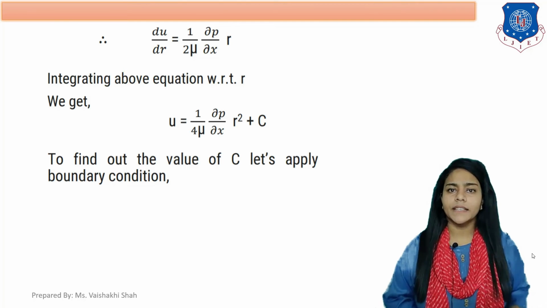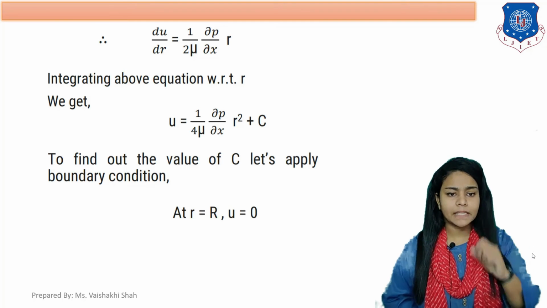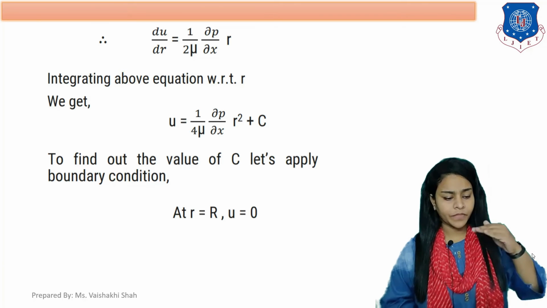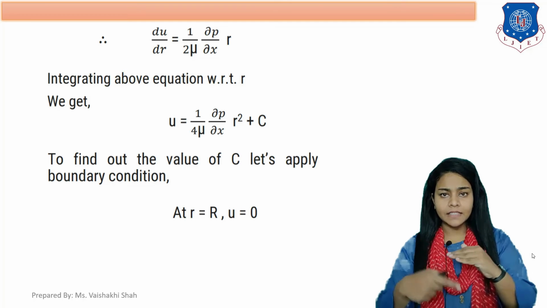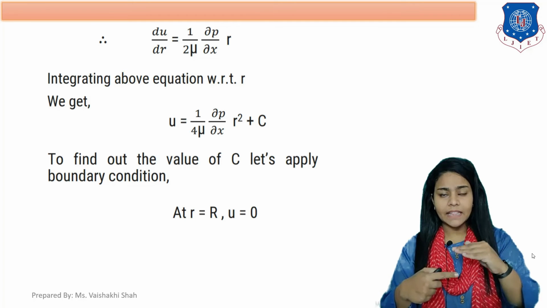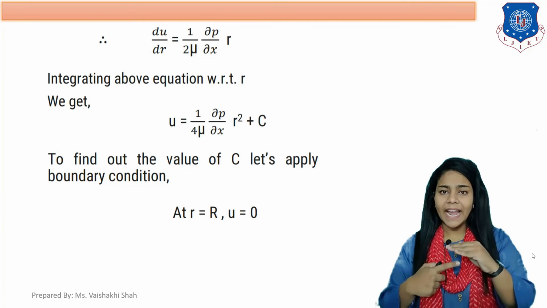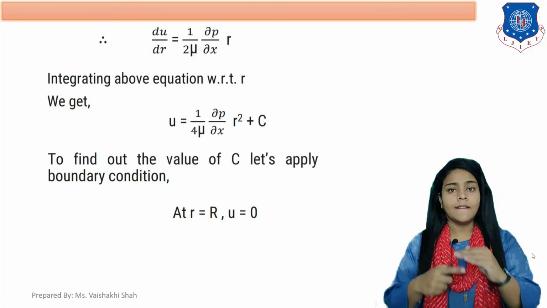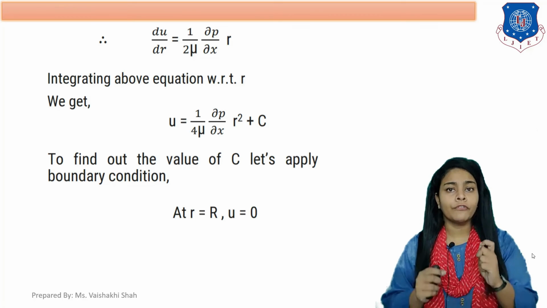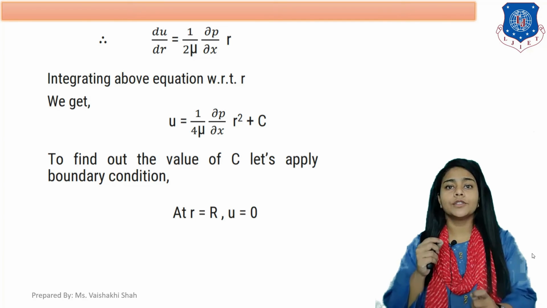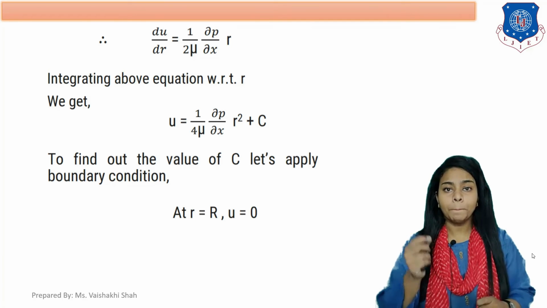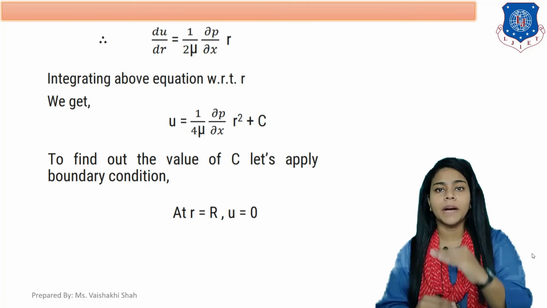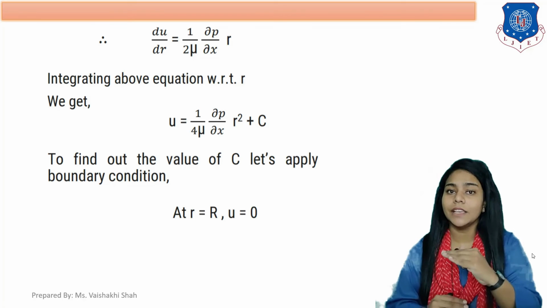Remember, in a circular pipe, at which place is the velocity 0? Velocity is 0 where small r equals capital R, meaning at the edges, at the surface of the pipe, the velocity is 0.